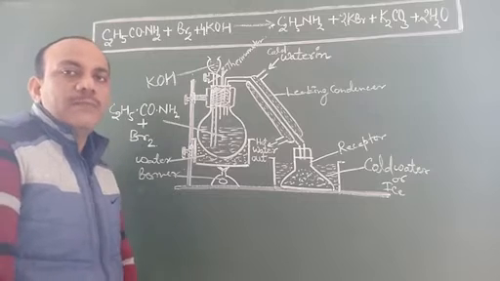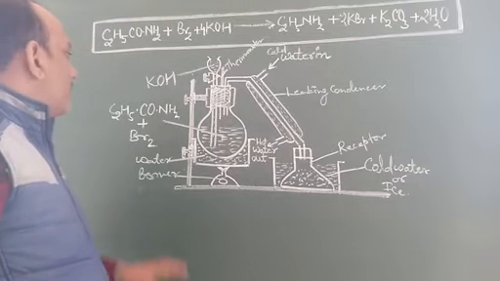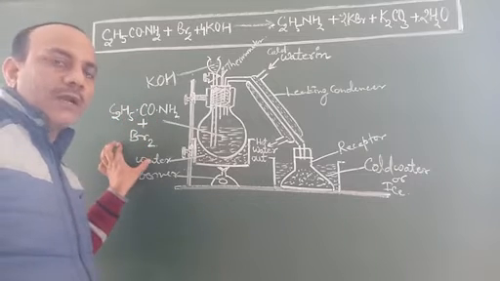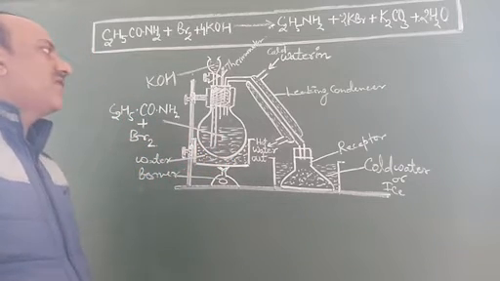According to this method, we take equal quantities of propionamide and bromine in this round bottom flask.